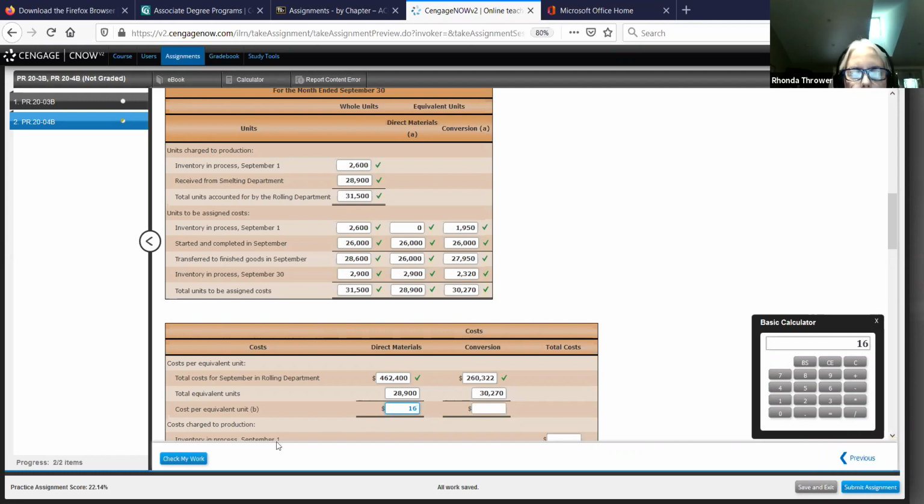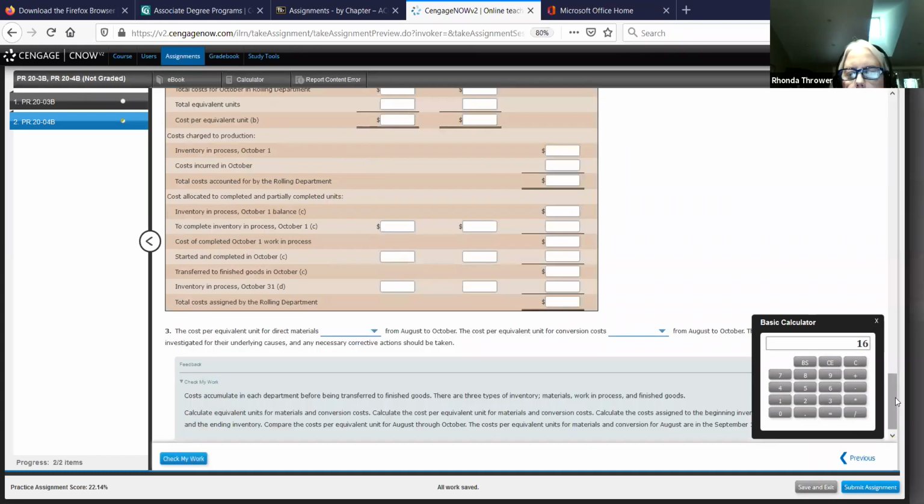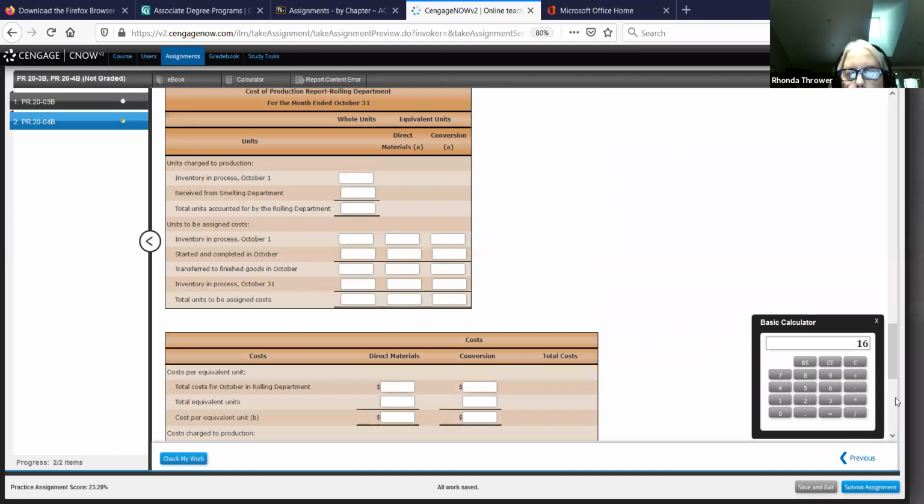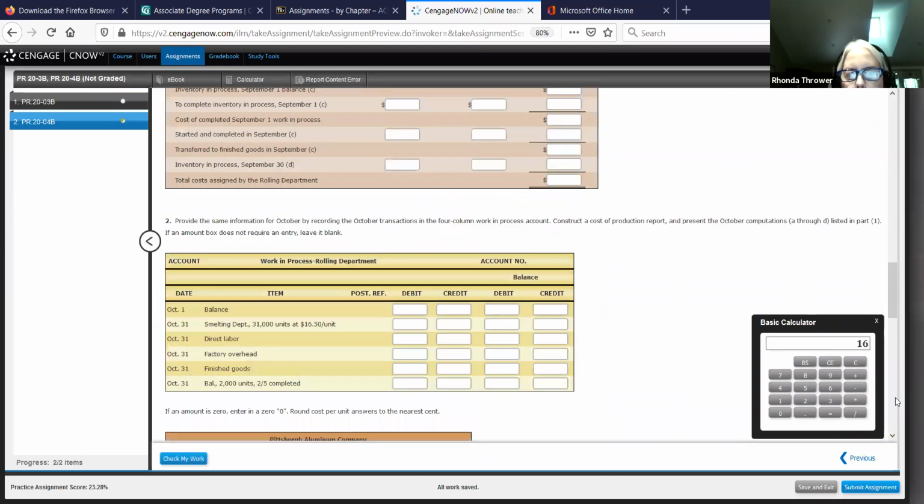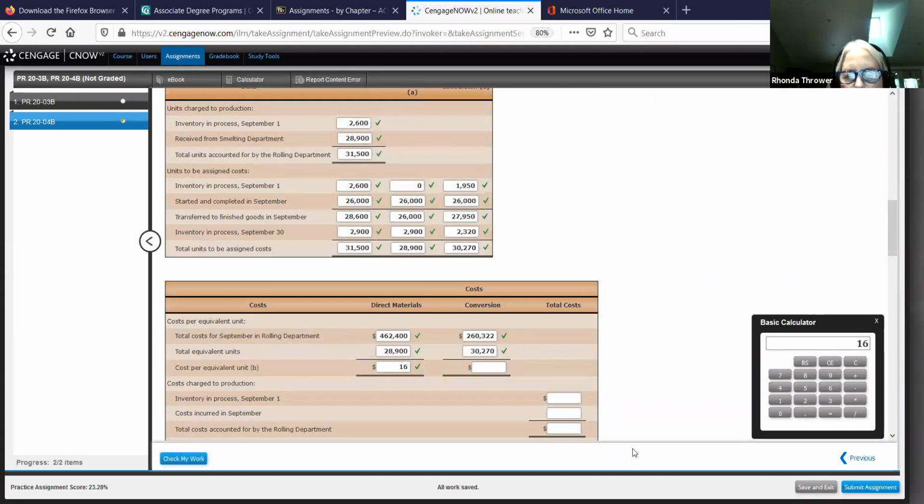It's a good idea to check that cost per equivalent unit. So we check our math, and our math is correct. So we're going to move on. We're going to find the cost per equivalent unit for our conversion. So we're going to take the 260,322.